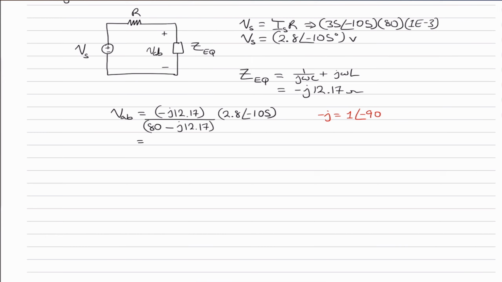So then we have in the numerator 12.17 with an angle of minus 90 multiplied by our voltage Vs, 2.8 with the angle negative 105, all divided by 80.9 with an angle of negative 8.65.